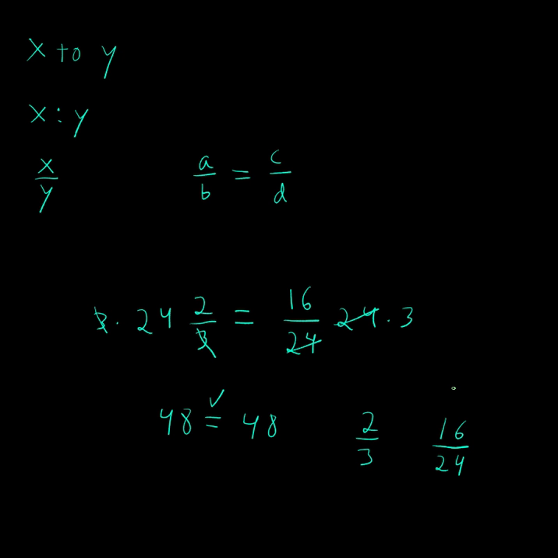Alright, the other way, and this might be a little bit easier just looking at it, is, let's see if we can write our ratio. So let's go again, 2/3 and 16/24. If we can find a value that we can multiply top and bottom of this fraction or this ratio by to get to this value, then we will have equivalent ratios.